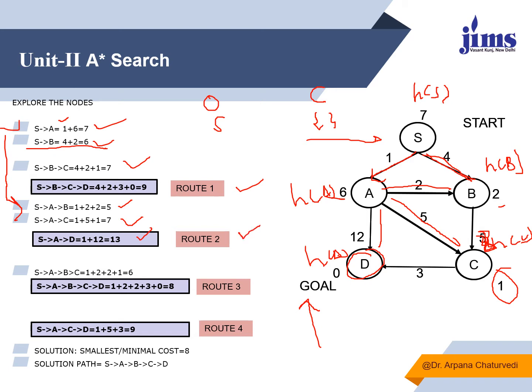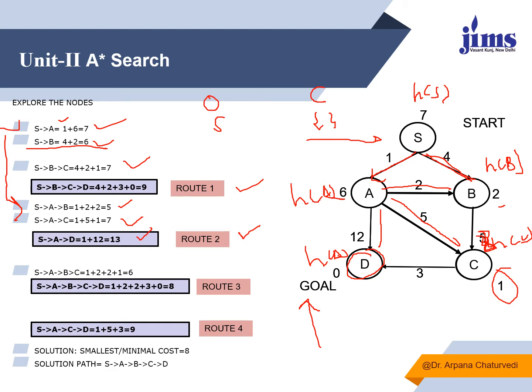Again we see which route is unexplored yet and hasn't reached the goal node. So this is S to A to B. Fine. So we will see S to A to B. Only one path is over there, C. So it is 1 plus 2 plus 2 plus the heuristic is 1. So it becomes 6.